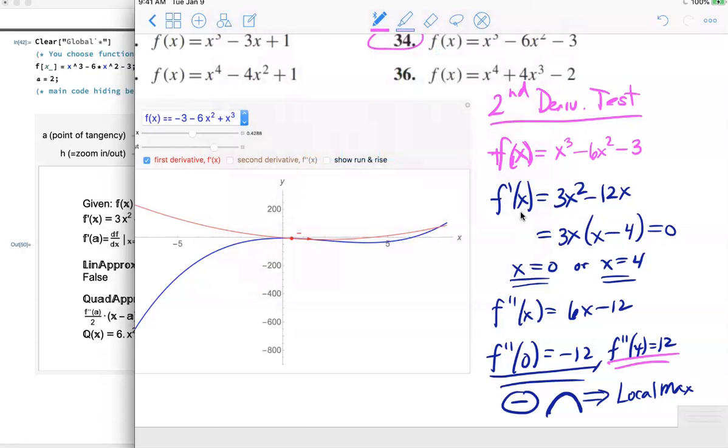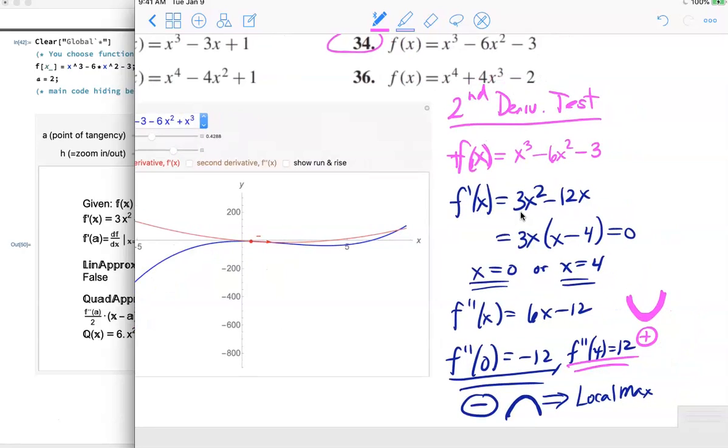At 4, the second derivative comes out to be positive, which means that the function looks approximately like a parabola opening upward, in which case our function would have to be a local minimum at that critical point.